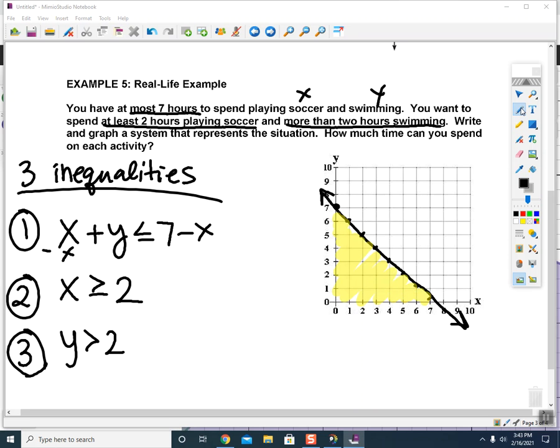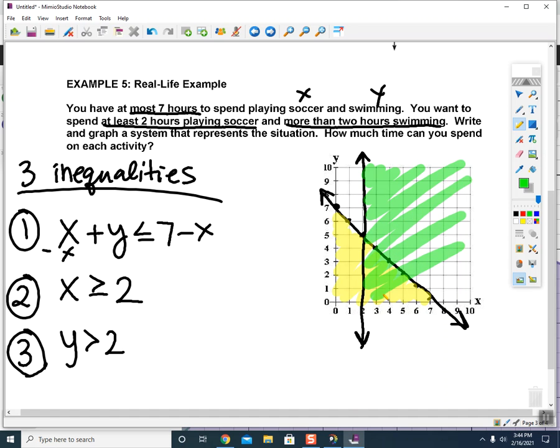Okay, next I have that x needs to be greater than or equal to 2. This is also going to be a solid line at x equals 2. X needs to be greater than, so we are going to shade to the right, because x needs to get bigger.